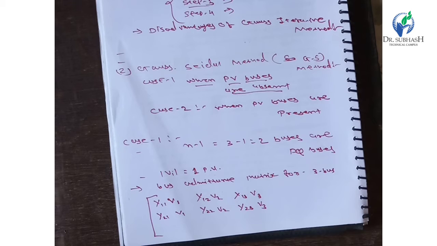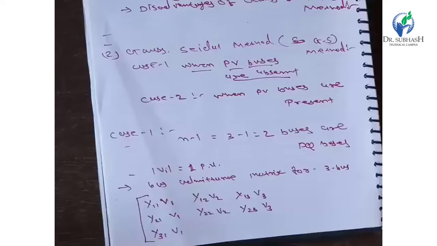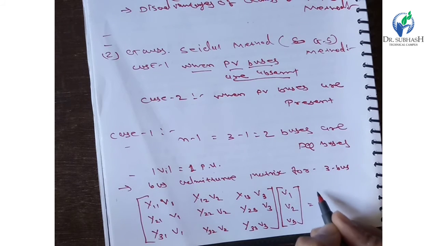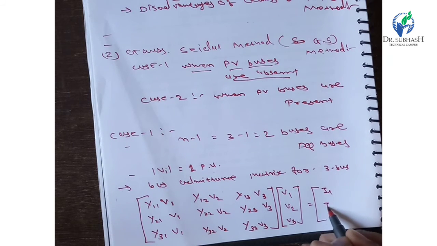We previously discussed in chapter 2 how the bus admittance matrix is formed for a 3 bus system.